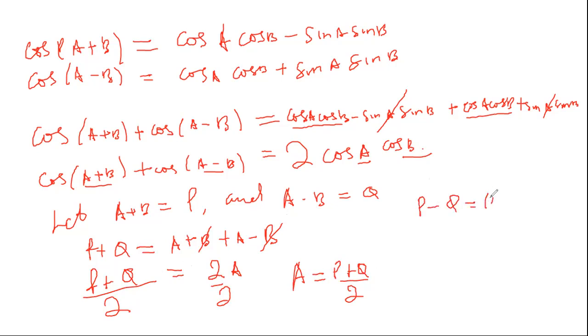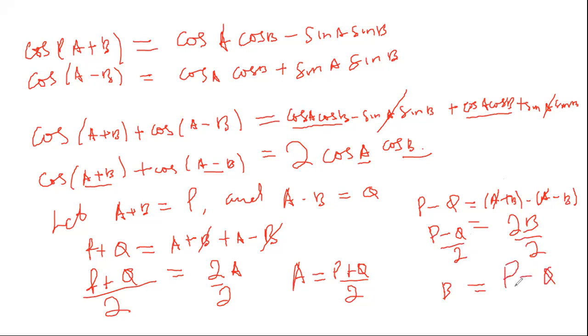Still we are going to get P minus Q. This will be the same as A plus B minus A minus B. When we open brackets, B will be positive, A will be negative and cancels out, so this will give us 2B, which is equal to P minus Q. On dividing both sides by 2, our B is going to be (P minus Q) divided by 2.